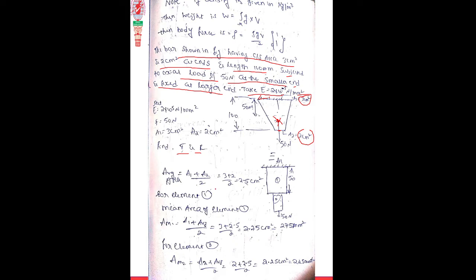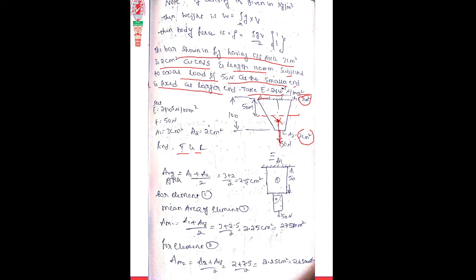Don't write it here. Show the 50 from this end. This dotted line distance is 50 mm from the top. Show the 50 mm only at the end.